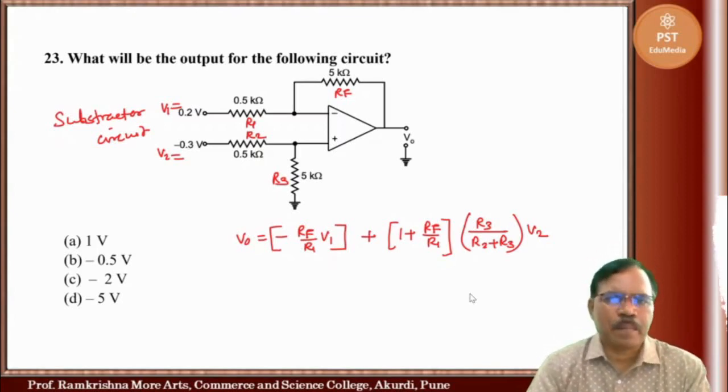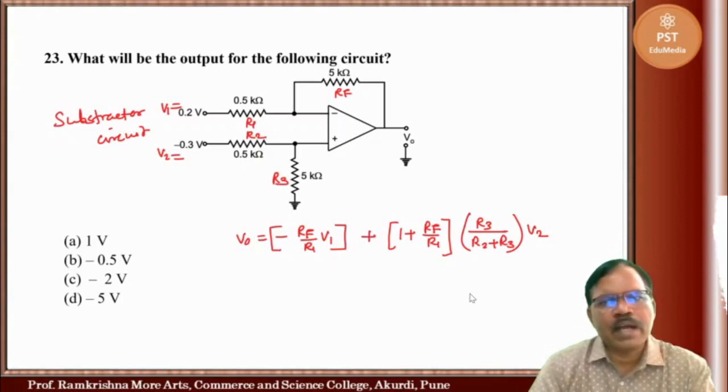This is the formula. If RF is equal to R1 is equal to R2 is equal to R3, you will get simply V0 is equal to V2 minus V1. But here they are not equal, so you have to find.